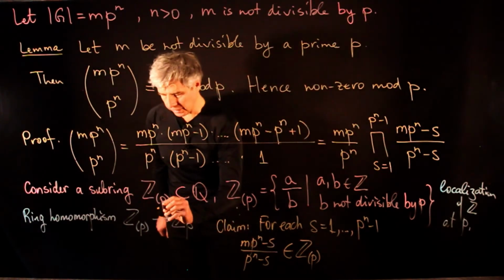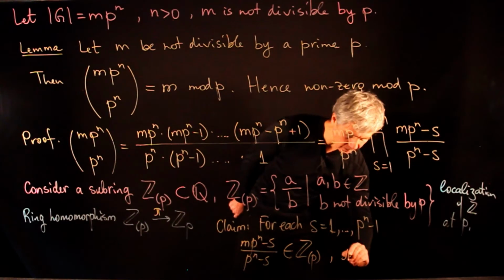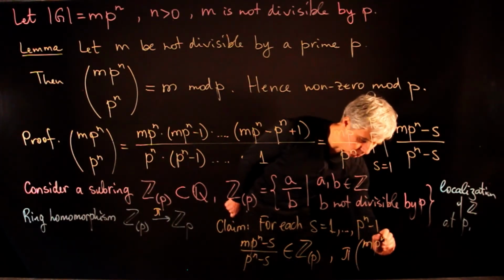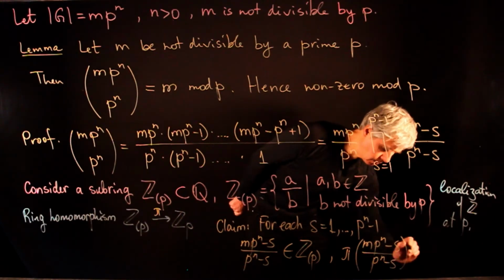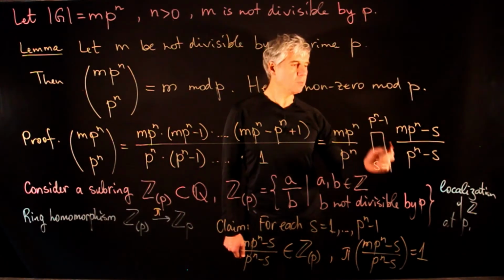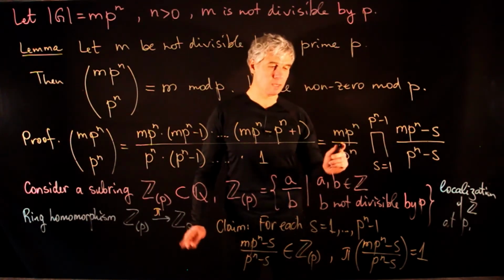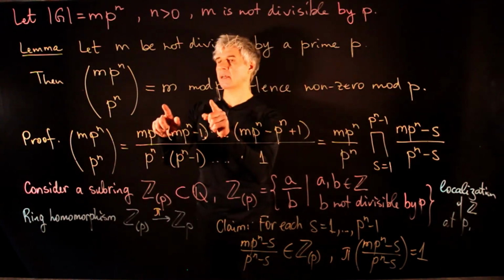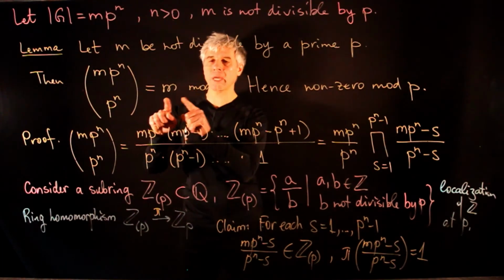And if we call this reduction map pi, then pi of m p to the n minus s over p to the n minus s is equal to 1. This means that each of these fractions will reduce to 1 in Z_p, and the first factor obviously is equal to m. And then this gives us the result that this binomial coefficient is equal to m mod p.